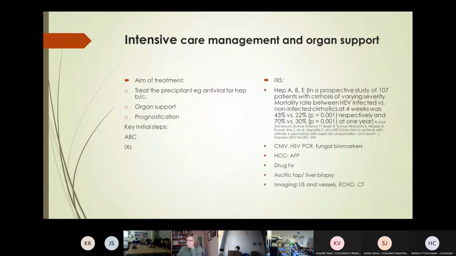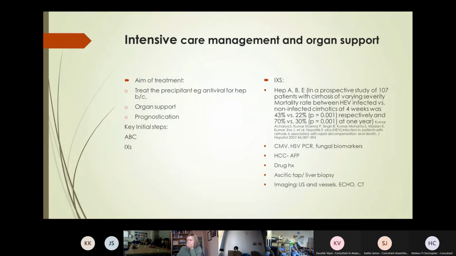The prognosis of SBP has become much better, from 90 to 20%, because of early diagnosis with early ascitic test to rule out SBP. Once it's diagnosed early and it's treated early, it's a better outcome. You could do liver biopsy.